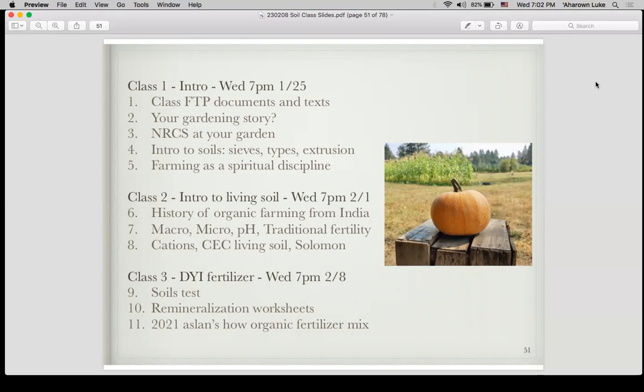The kind of stuff you can do by hand is determine the type of soil, like sandy loam or clay loam, by doing an extrusion test. In the first class there were some YouTube videos that go over that. And then there's also a segment on why I farm, as an intentional spiritual discipline.